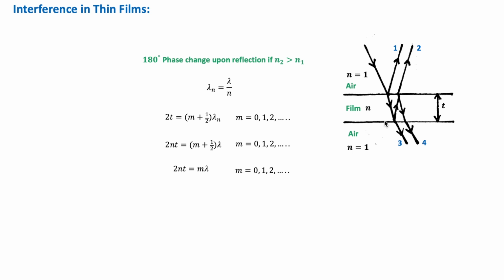Consider a film of uniform thickness t and index of refraction n, and we will use a simplification model in which a light ray incident on the film is at an angle that is nearly normal to the film. As you can see, two rays are reflected from the film, one from the upper surface and one from the lower surface.